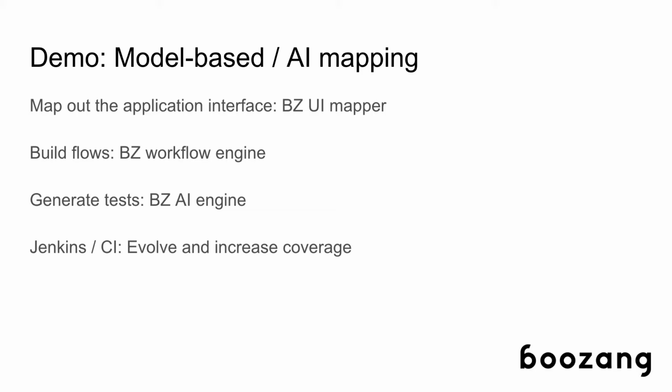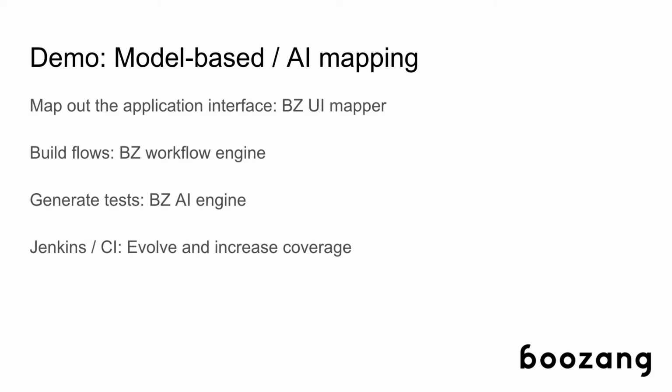And we divided it into 3 parts. We divided into the UI mapper, and then the workflow engine, and then the AI engine. And the way we look at it is the UI mapper tells you where the different modules are with the data. And then the workflow engine is the logic between the tests, right?